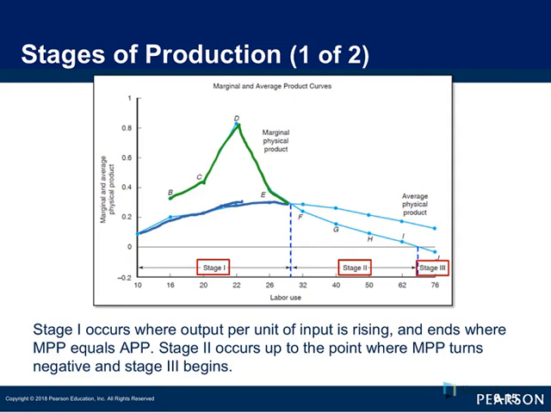When you get to the spot where your MPP is equal to your APP, right there, you have crossed the barrier from stage 1 to stage 2. Now, stage 1 says keep on adding inputs because your marginal physical product is higher than your average physical product. That's stage 1.